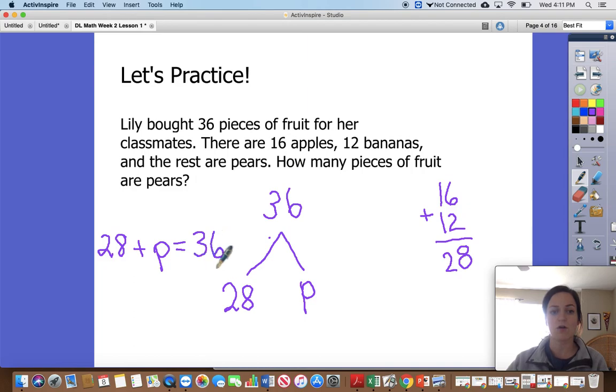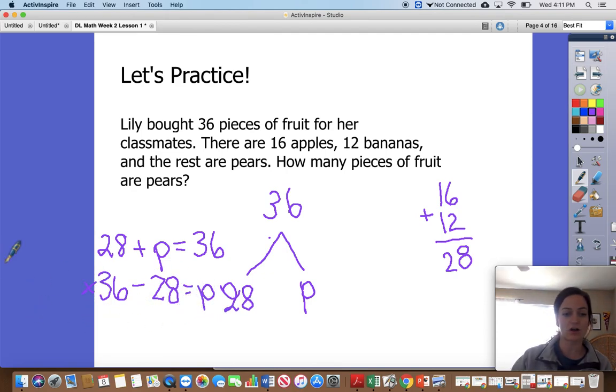Okay? Or another way I could rewrite this equation, I could say the 36 pieces of fruit minus the apples and bananas will give me how many pears are left. And this one would be like our equation that would give us the answer, right? Because P is our answer.